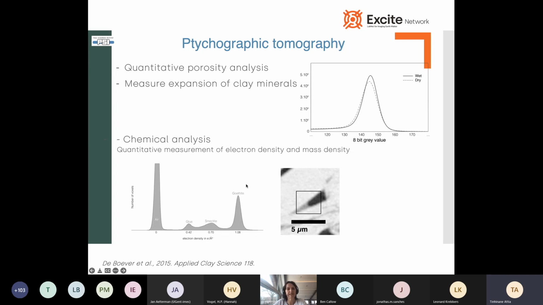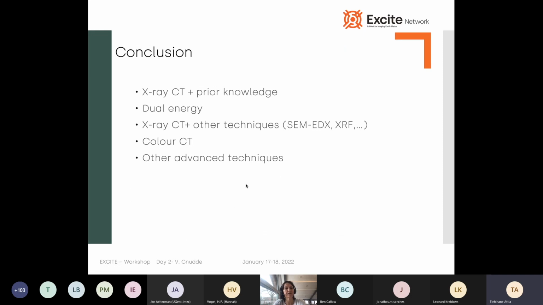And this brings me to the end of my talk. With X-ray CT, yes, you can get some information, but then you normally need prior knowledge, and you have to be critical. There are some ways to analyze your data using dual energy. This could help you, but it depends.